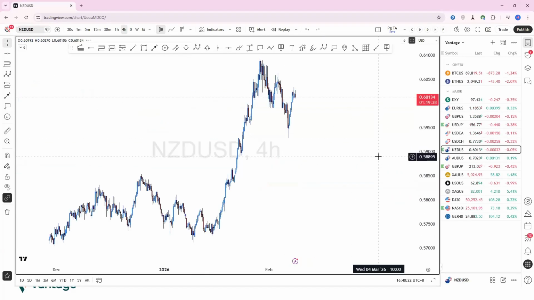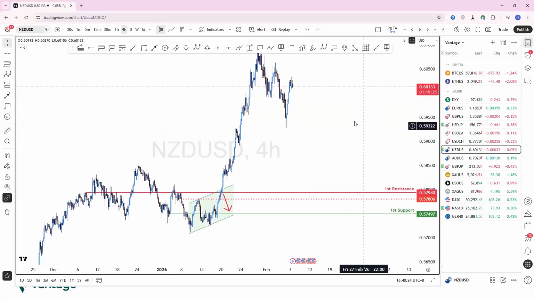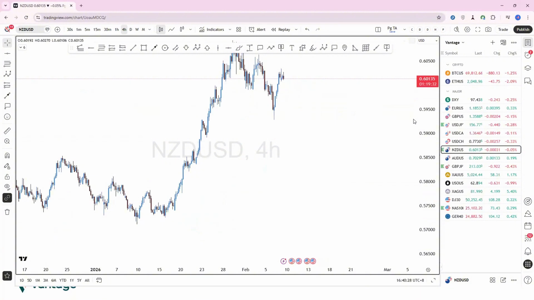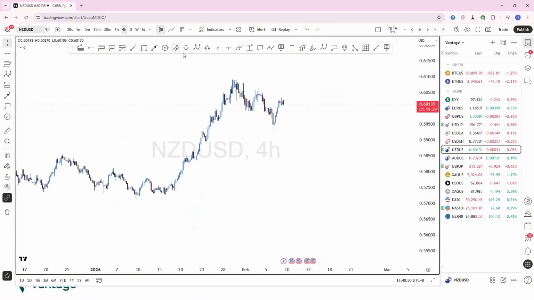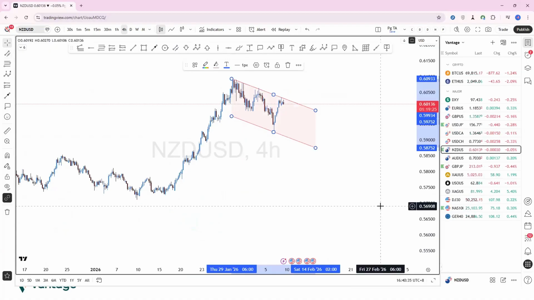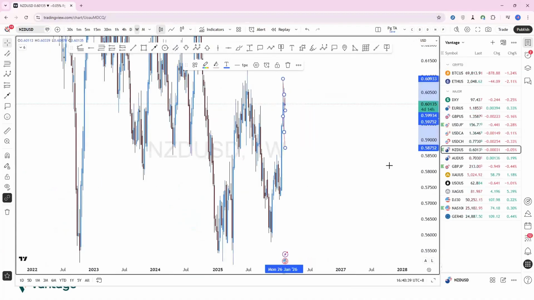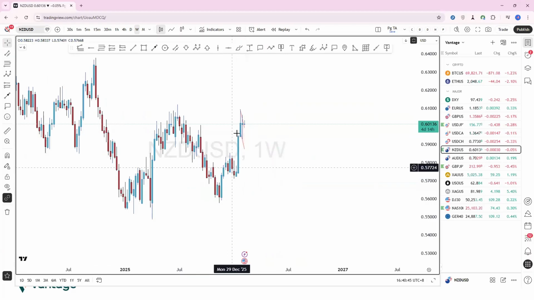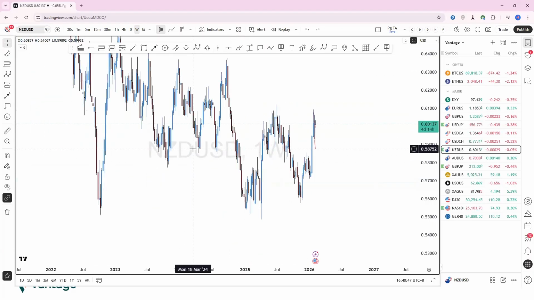Kiwi dollar. I would say that they're in a channel. This is the resistance.